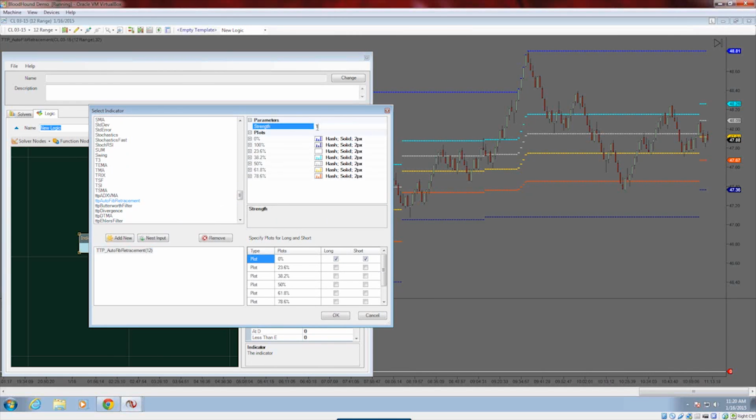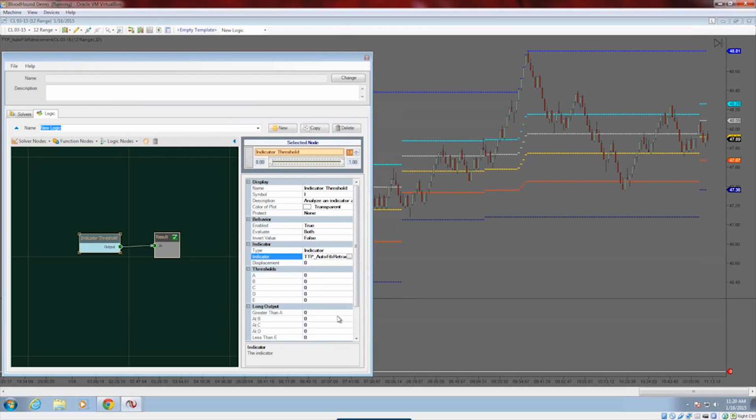And I'm going to set this now to 32. When you scroll down to the bottom, you see this data series named trend. So we'll select long and short for that data series. Click OK. It gives us a value of 1 for a long trend, for an uptrend, and then a value of -1 for the downtrend.